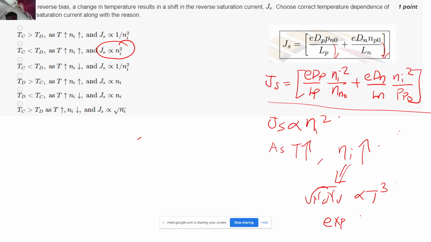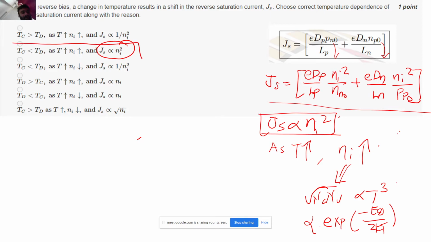As we have seen in the previous week's lecture, you can clearly see that Ni increases with the temperature, and if Ni increases with the temperature, even my Js, which is proportional to Ni square, is going to increase with the temperature. So this is the correct option: as the temperature increases, Ni increases, and Js is directly proportional to Ni square.